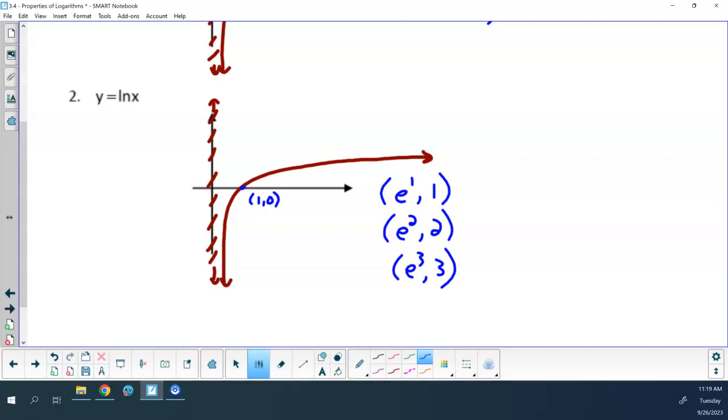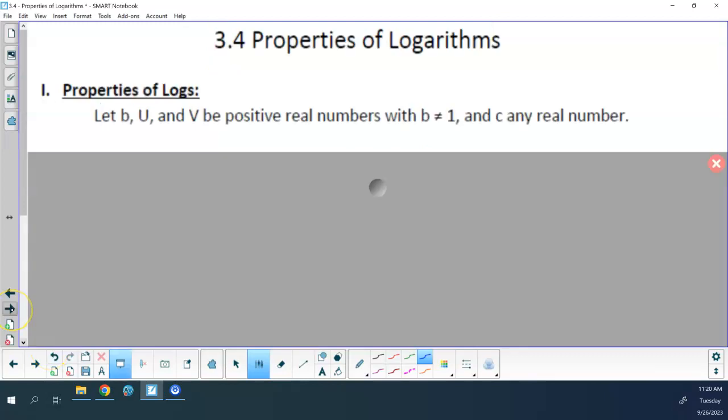What exponent do I have to put on e to get e squared? 2. What exponent do I have to put on e to get e to the first? 1. So on and so forth. Logs are exponent functions.